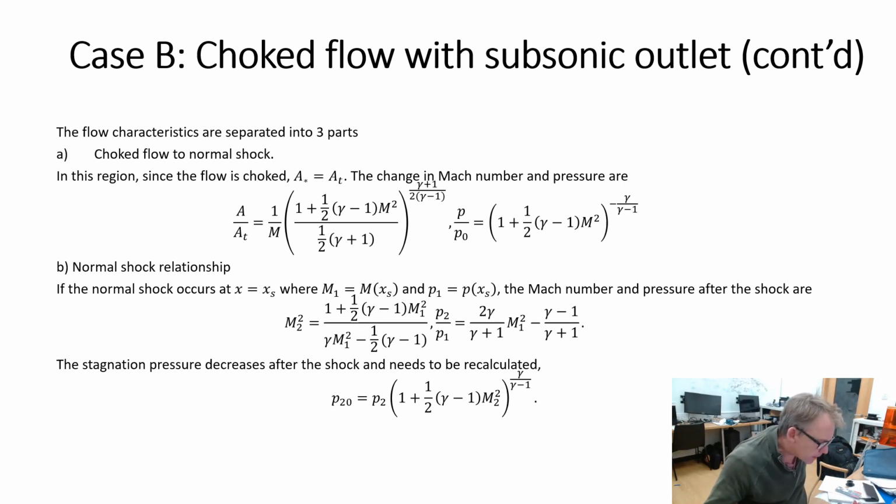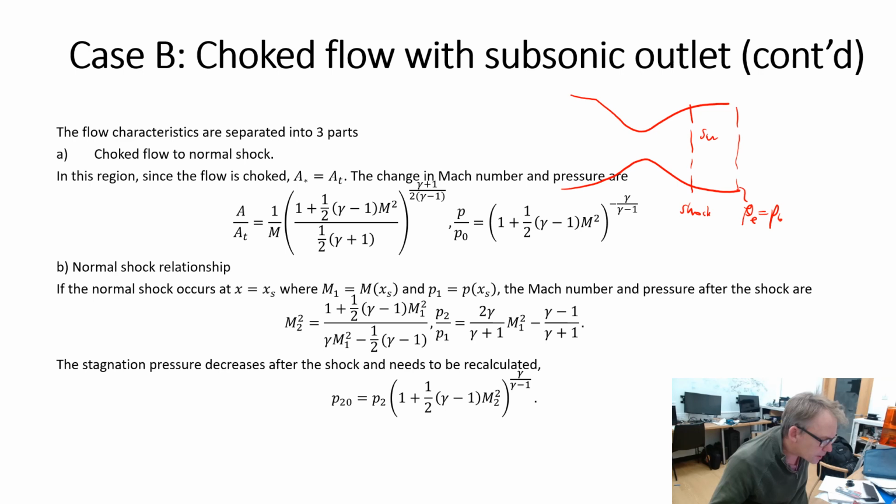Now the main point about this kind of analysis is that you take on board the fact that in the first part of the solution, where you're looking at the flow up to the shock, the exit pressure is equal to PB. This is subsonic. This is supersonic. This is subsonic.